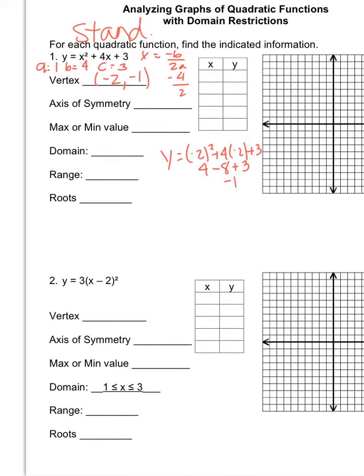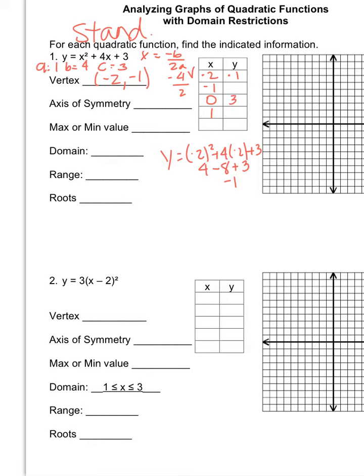So I'm going to go ahead and write that in my table. Okay, and then I'm going to choose 3 x values that are consecutive with the x value of the vertex. So I'm going to go larger, so negative 1, 0, and 1. We already know when the x is 0, we have a y-intercept. We already know that's our c, so I can go ahead and fill that in.